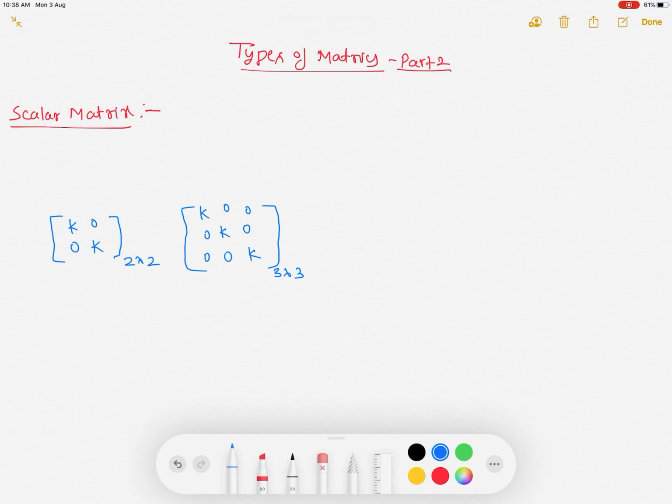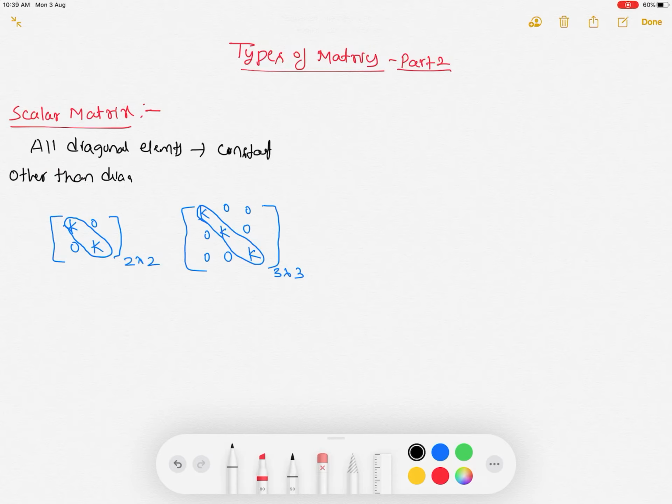So what we can say is, any square matrix in which all diagonal elements are the same, that is constant, and the elements other than the diagonal become 0, is called a scalar matrix.